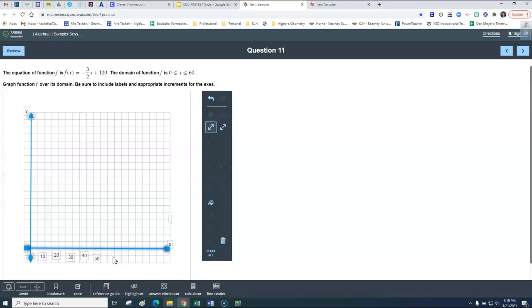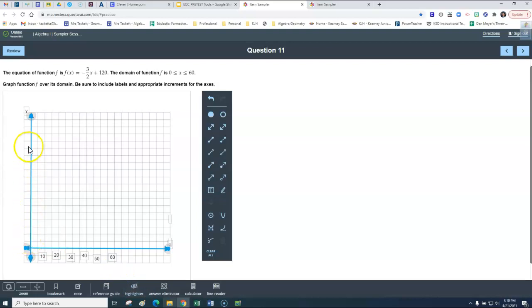And I'm just a little too close to that line. This one is my 60. Okay, so now that's good. That has all the stuff that we need to cover.